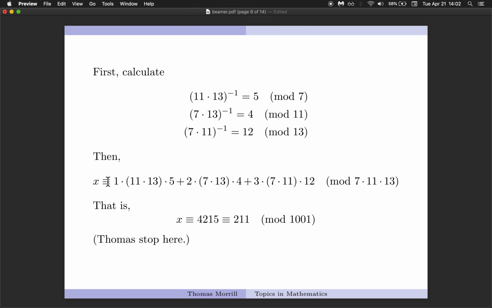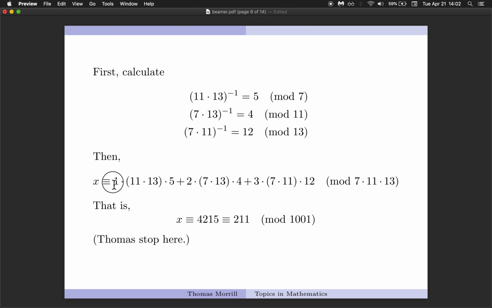So my x is the sum of this product plus this product plus this product mod 7 times 11 times 13. So any Chinese remainder problem that we're trying to solve is only solvable up to modding out by 7 by 11 by 13.